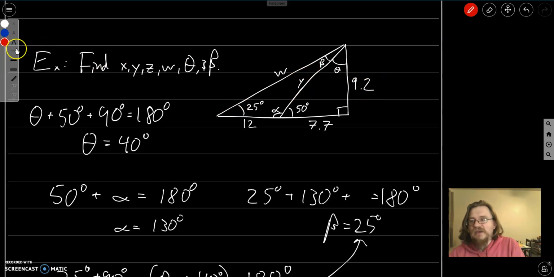And I've got the big triangle lurking in the background here as well. So this side length, which is 12 plus 7.7, all that squared, plus 9.2 squared should be equal to w squared. So we can solve for all these just using Pythagoras Theorem now.